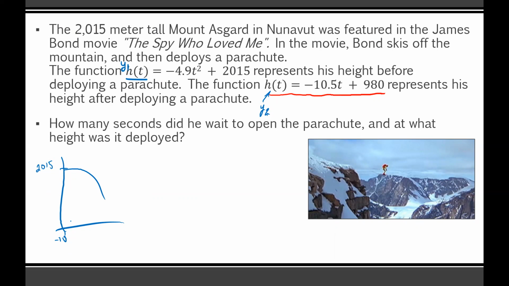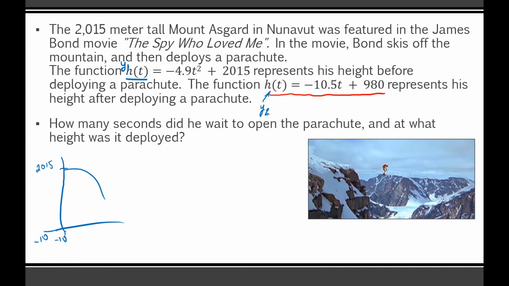Your x, however, we really don't care about any negative x's, but why not just leave it at -10. As for your x max, we have to guess a little bit until we get it. I want you to think critically and logically about this. X represents the time after he's jumped off the mountain.